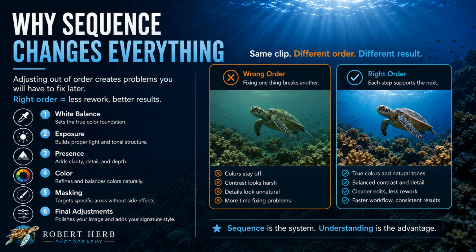When the order is right, each step supports the next. White balance gives you a better color foundation. Exposure builds better tone. Presence adds depth. Color becomes easier to refine. Masking becomes more targeted. Final adjustments become polish instead of a rescue. That is the real advantage of a repeatable system. Sequence is the system. Understanding is the advantage.